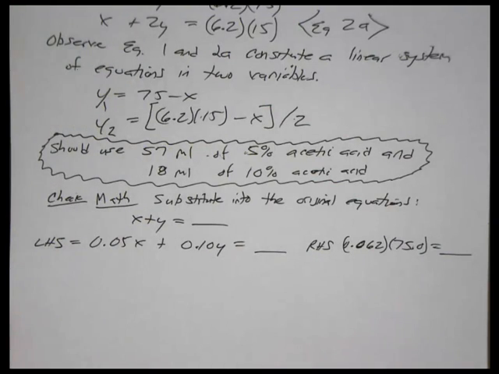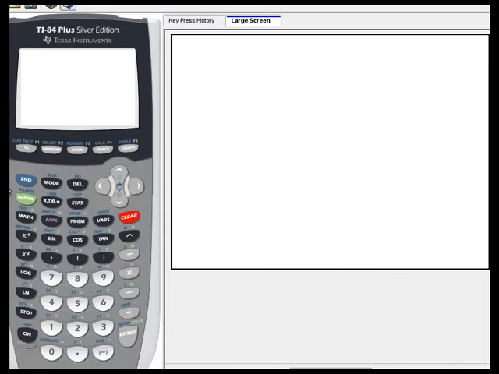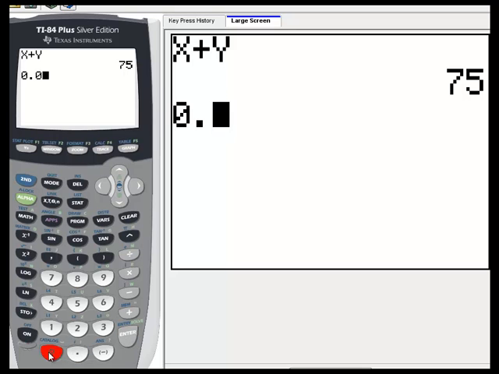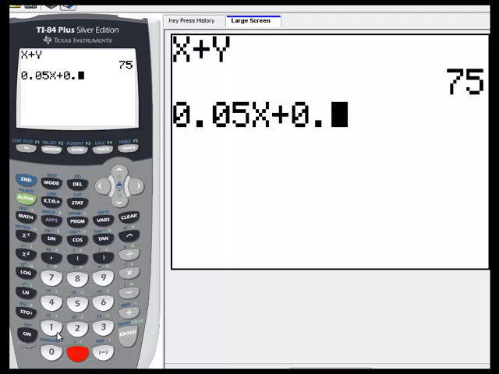Okay, time to return to the calculator for a moment. On the home screen of the calculator, let's try this first equation's left-hand side, that's x plus alpha y, enter. Okay, 75, sure. Now, the second equation, 0.05x plus 0.10 alpha y.